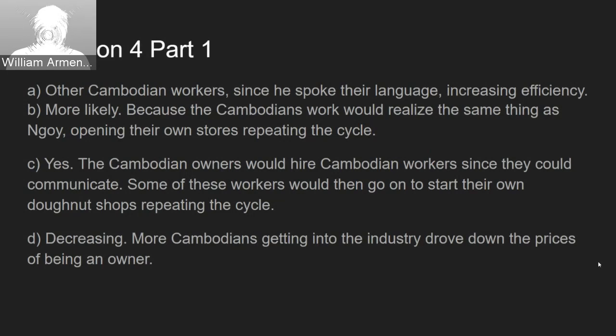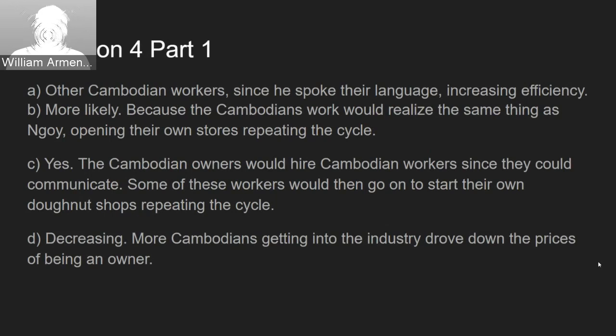For part B, this would make it more likely because Cambodians working would realize the same thing as Noi, that opening their own stores is going to be very profitable, so they'll open their own stores, repeating the cycle.